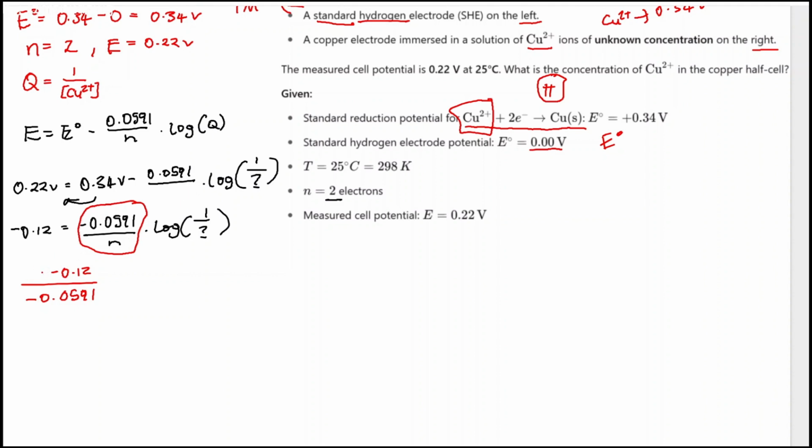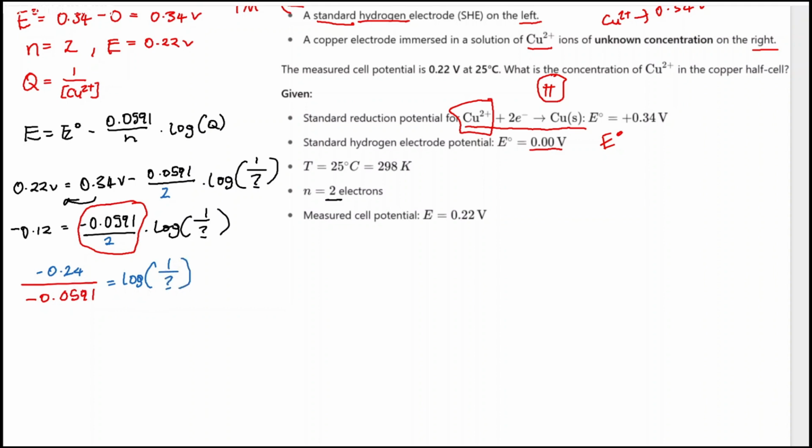It's 2. So we multiply 2 by negative 0.12, which is negative 0.24. And then we divide these two numbers, and it's equal to the log of 1 over question mark.